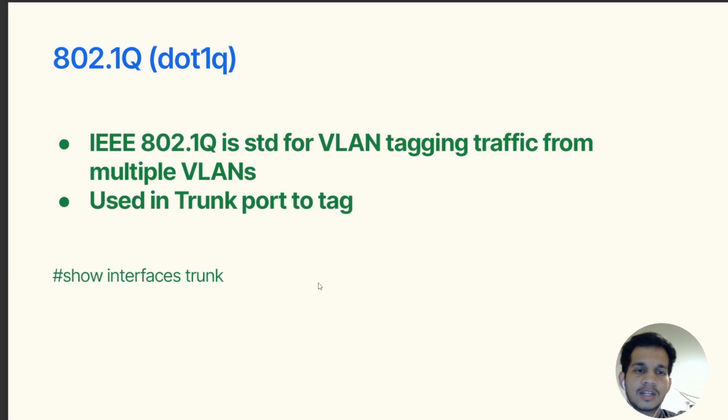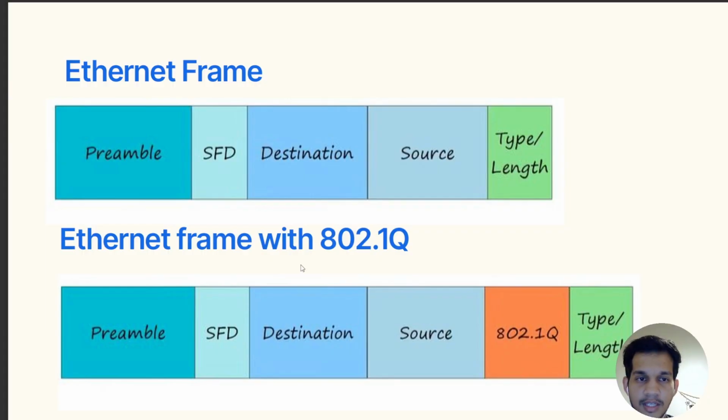And 802.1Q is a standard for tagging the traffic from multiple VLANs. Since multiple VLANs are used, the concept of the trunk port comes in, which carries the traffic of multiple VLANs. To tag the traffic of the multiple VLANs, the 802.1Q protocol is used.